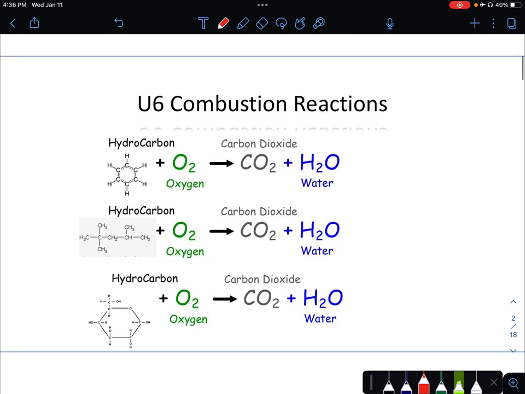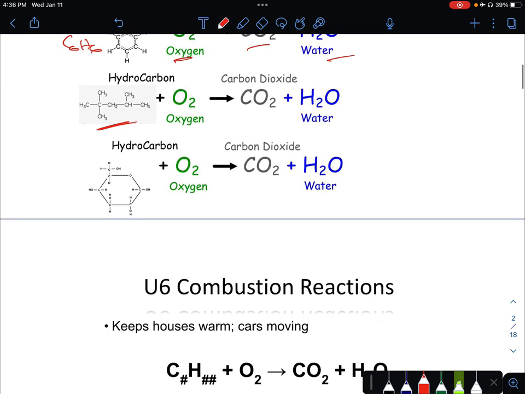So hydrocarbon. In this case, we have a benzene, so we have C6H6 plus O2 yields carbon dioxide and water. Here we have some hydrocarbon plus oxygen yields that. Another real funky looking hydrocarbon there.